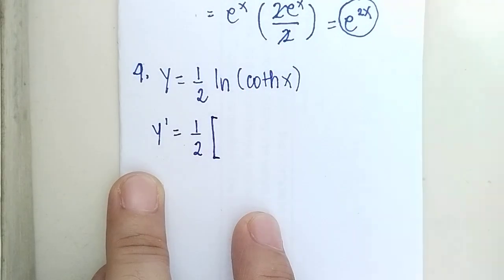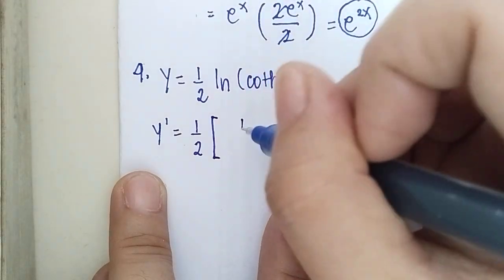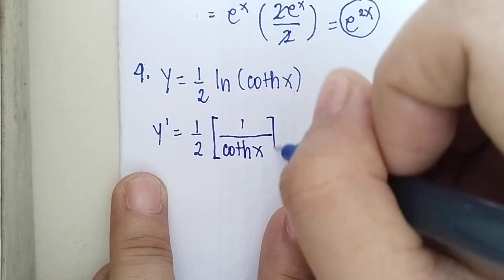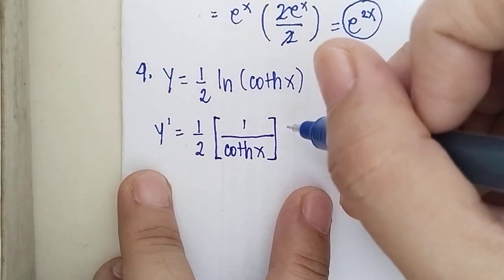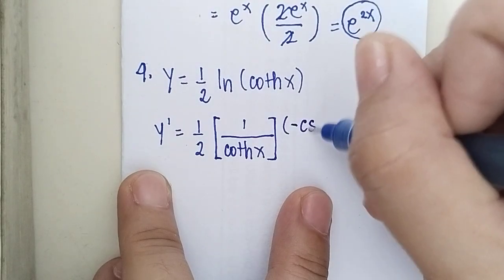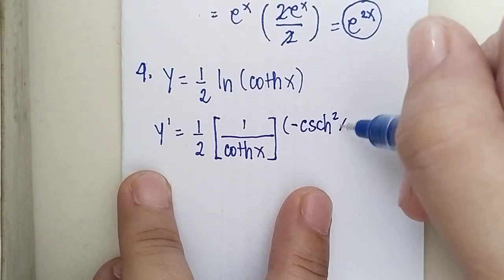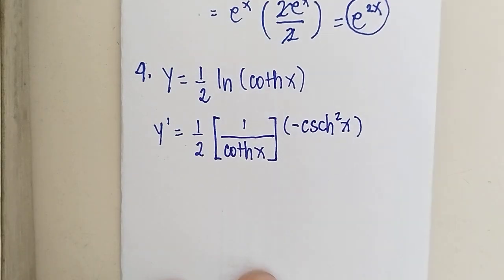Then, if we remember, the derivative of ln u is 1 over u times u prime. So, 1 all over hyperbolic cotangent of x multiplied by the derivative of hyperbolic cotangent, which, if you remember, is negative square of the hyperbolic cosecant of x, then the derivative of x is simply 1.